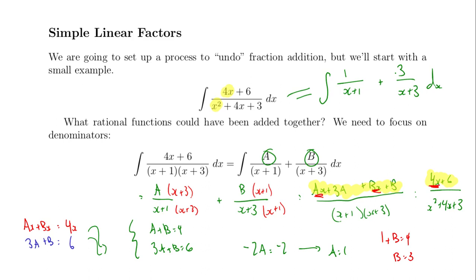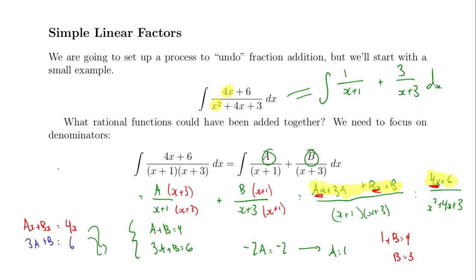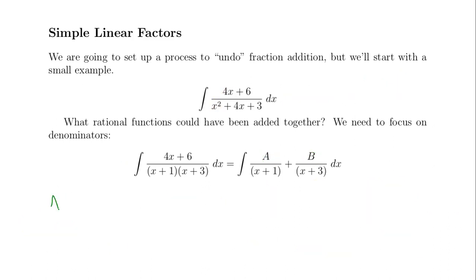These systems of equations, these numerators, so maybe I'll just go ahead and write out that numerator bit again. It was a times x plus 3 plus b times x plus 1. Right? Those were our numerators. A times our other denominator, x plus 3, plus b times the other denominator, x plus 1, equals the actual full numerator.